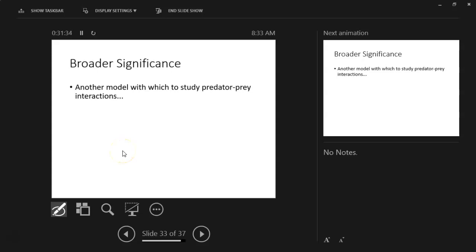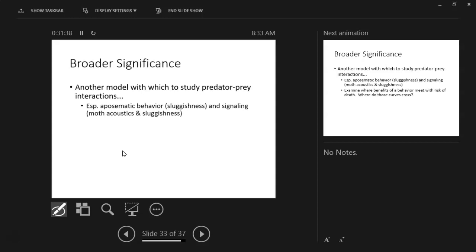So this is a good model system for looking at aposematic behavior, such as sluggishness, and signaling by the moths, such as the acoustic sounds that the moths make, and possibly the sluggish behavior if it's aposematic signaling. This is a good system to tease out the very subtle relationships between these factors.